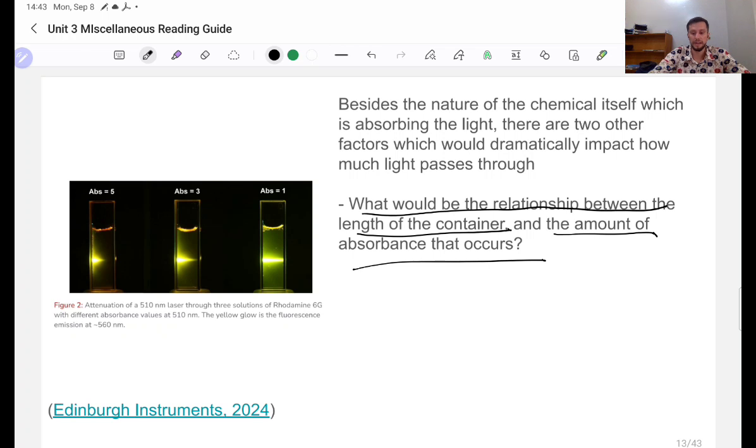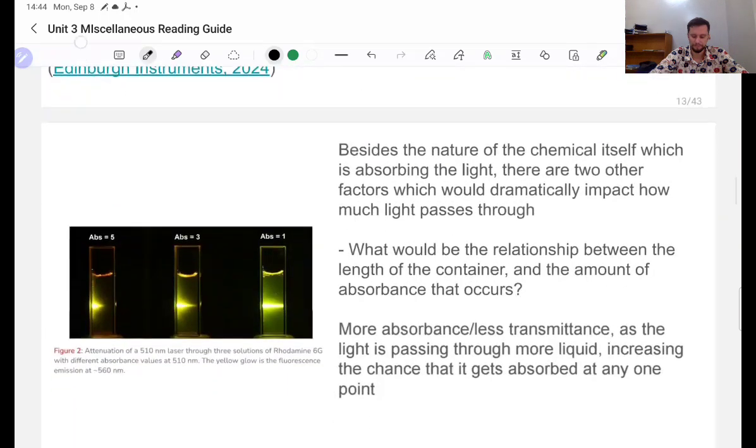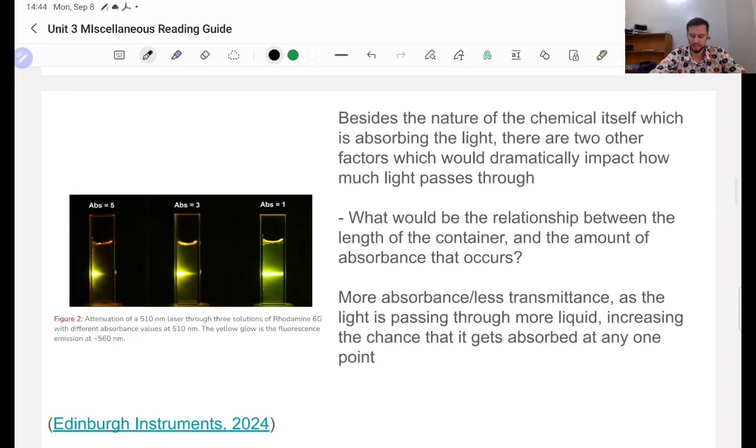And so we need to account for that, because if we don't, then the length of the container means that we'll get the wrong concentration values if our container is a different length than somebody else uses. So more absorbance or less transmittance as it gets longer, as the light is passing through more liquid, which increases the chance that it gets absorbed at any one point.